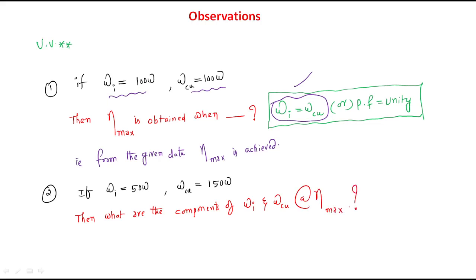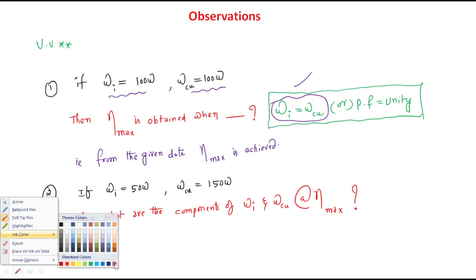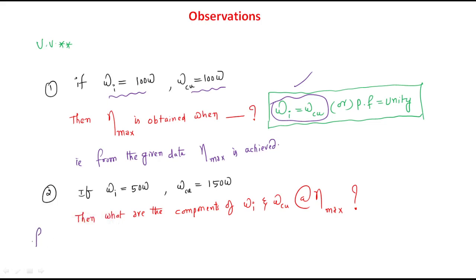What is the answer? We all know that for maximum efficiency, the condition is that the iron loss component should be equal to copper loss, right? Therefore, the iron loss component should be 50 watts only, and the copper loss component should be equal to 50 watts.